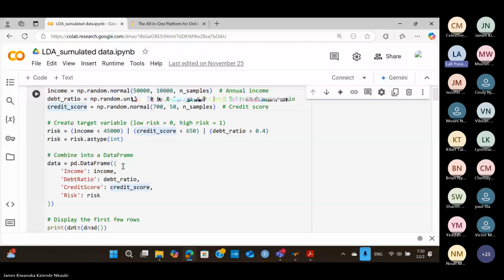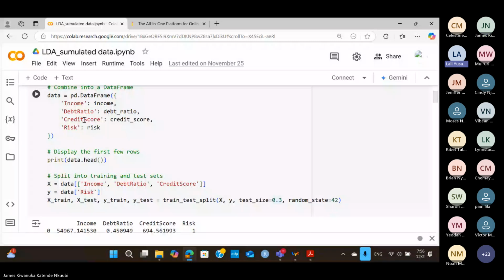I think it's stuck. Oh, okay. Now it's moving.